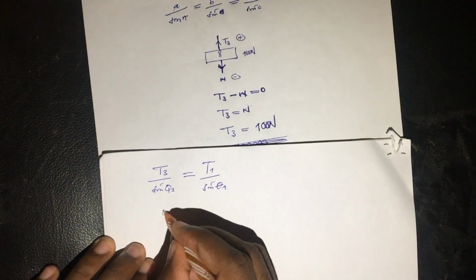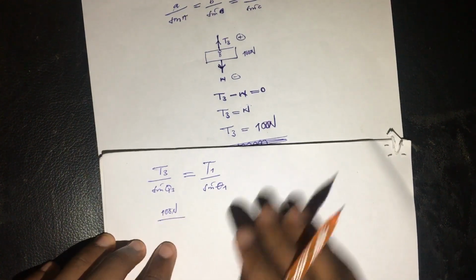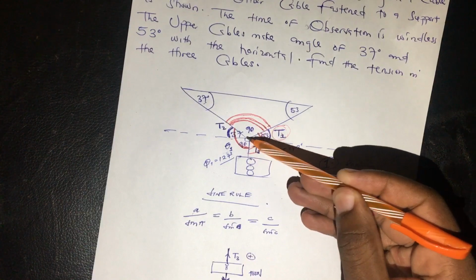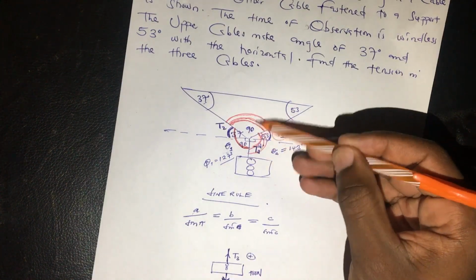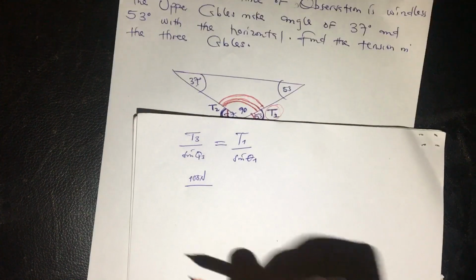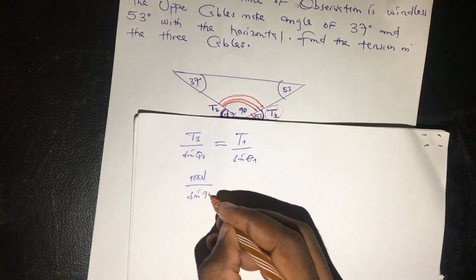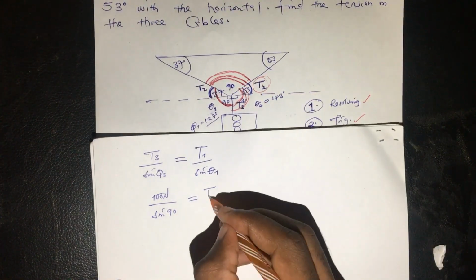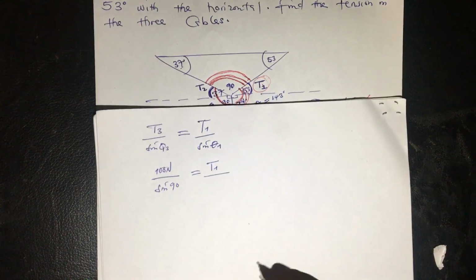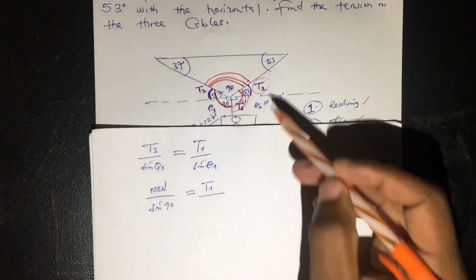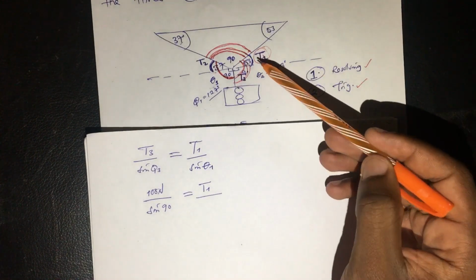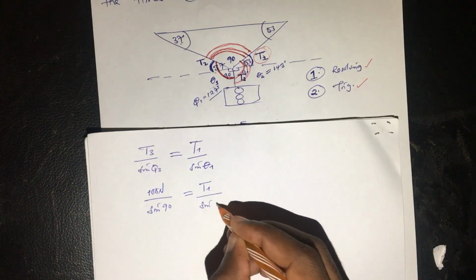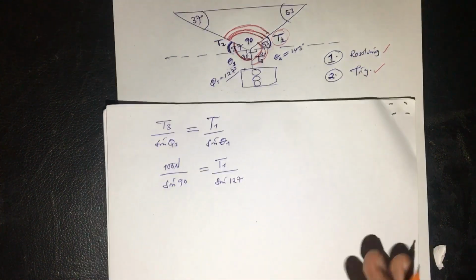The corresponding angle for T3 is 90 degrees, so this will be sine 90, which is equal to T1, which we don't know and are looking for, over the corresponding angle of T1, which is 127, so sine 127.